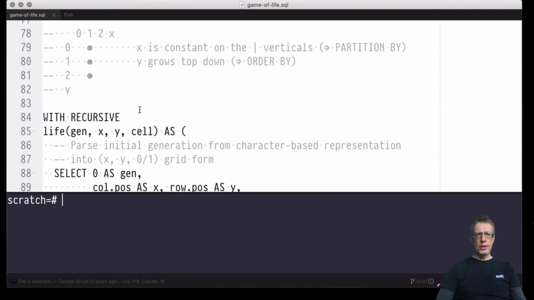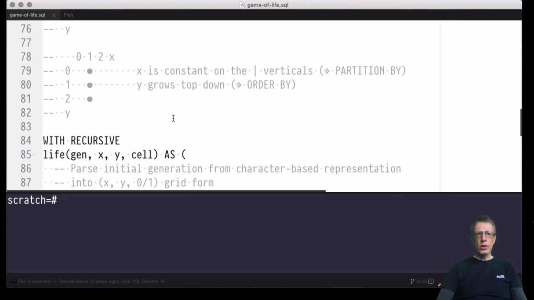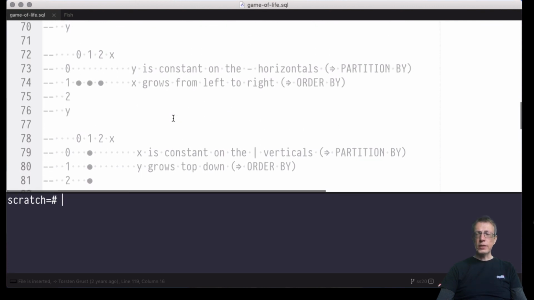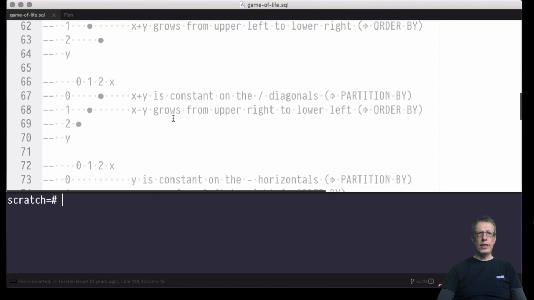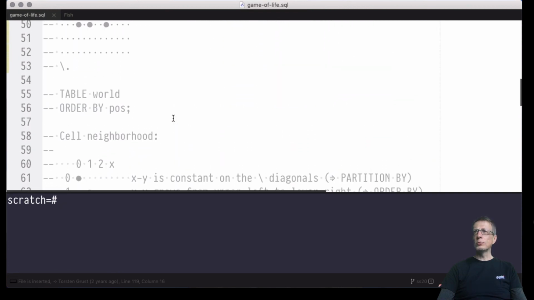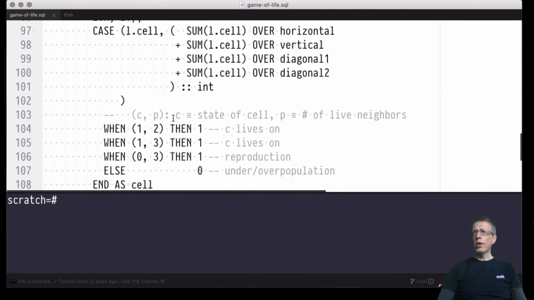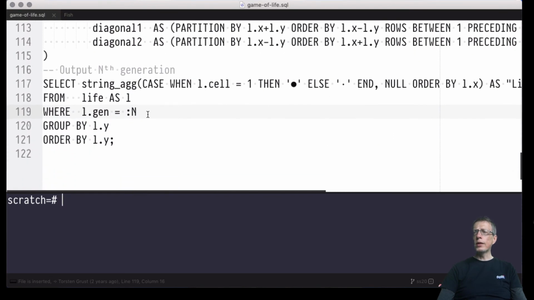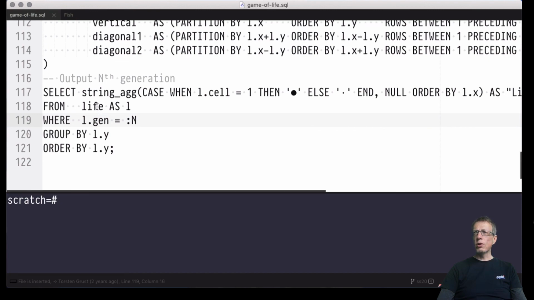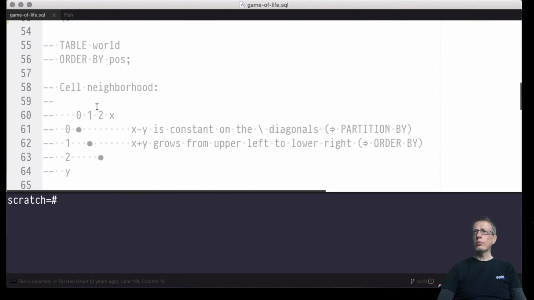Of course, the interesting behavior of such a dynamic cellular grid is only visible if we look at several generations in quick succession. So if we really animate the dynamic behavior of this particular grid, this query is prepared to actually do that if we let it compute the generation n of the cellular automaton of the game of life grid.